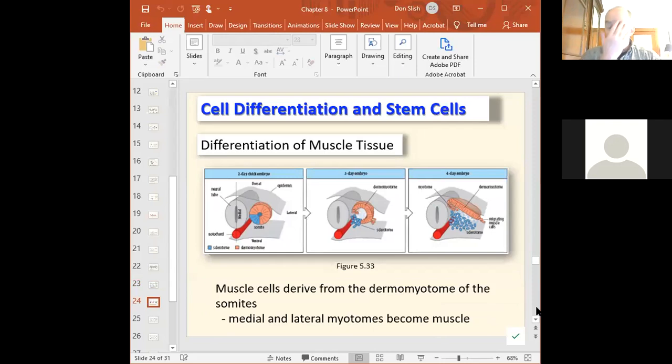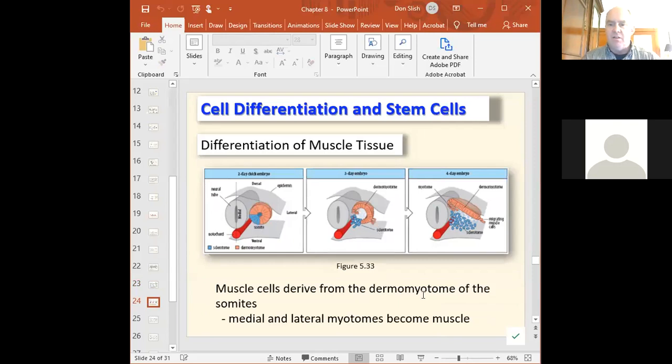Okay, so now with those general things in mind, we'll talk about how muscle tissue differentiates. So starting back here, which was chapter 5, you've got your somite, and the somite is separated into dermatome and dermomyotome.